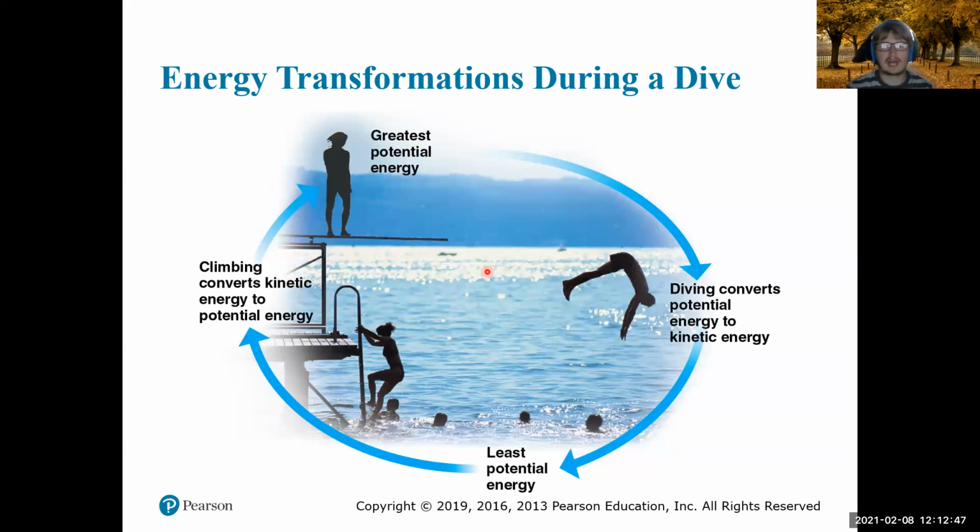However, when you climb up the ladder and get back on the diving board, you're converting energy into kinetic energy because you're moving up the ladder, and then back into potential energy when you get above the water and get ready to dive back in.